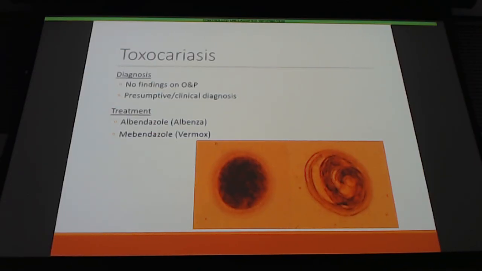Once they've gotten to whatever organ, you can also use EIA or ELISA, because you'll end up producing IgG, IgM, and IgE as well.